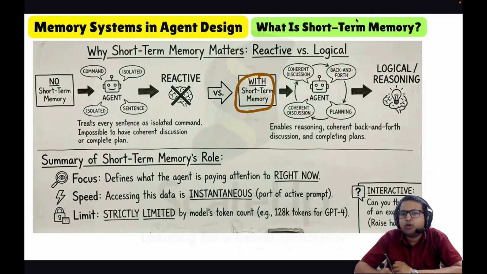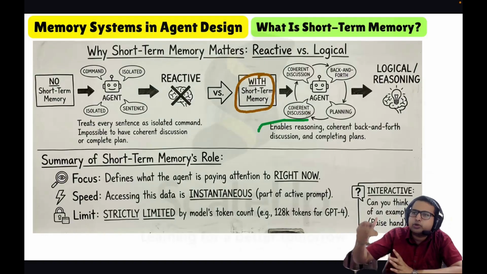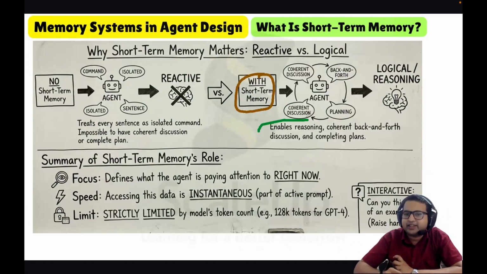So short-term memory enables reasoning because short-term memory is the context window. In that context window, we are storing the responses of, say, the previous 10 chats. If we are storing the responses, the agent will remember the past interactions also. So next time it is generating a response, it will consider past interactions as well. It will enable reasoning.